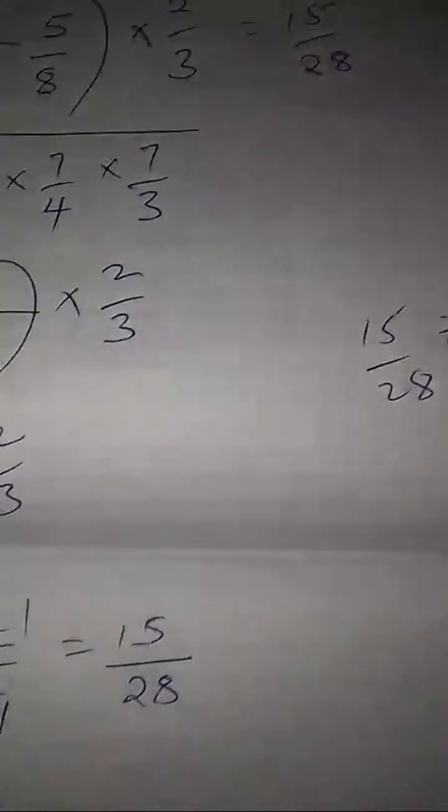Okay, so I want us to check another example. I want us to work out this one. 3 over 8, then you put into bracket 38 over 5 minus 55 over 36 times 12 over 5.